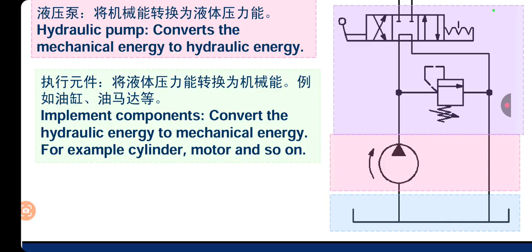Okay, after that we have the pump. There are two basic types of pumps. Obviously, there are many types of pumps depending upon the category, but according to displacement we have two: the fixed displacement pump and the variable displacement pump.